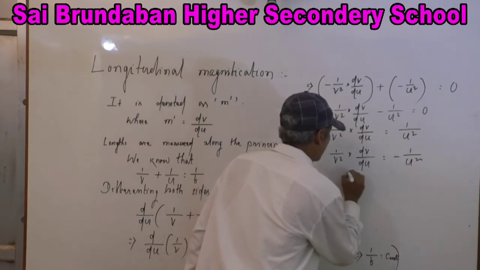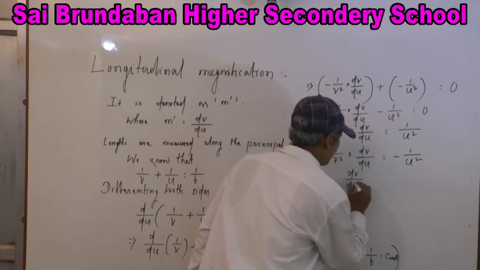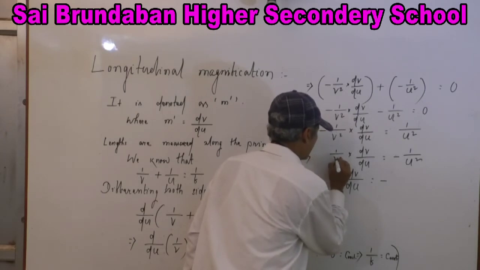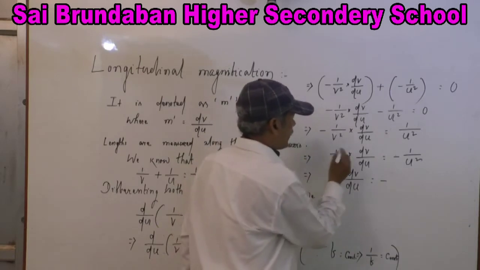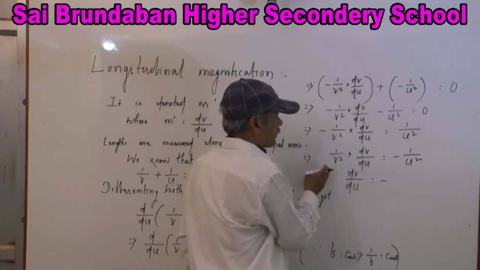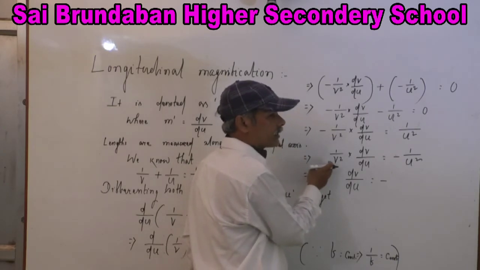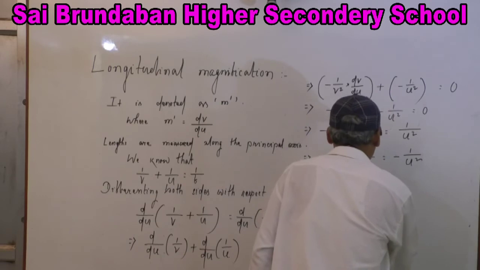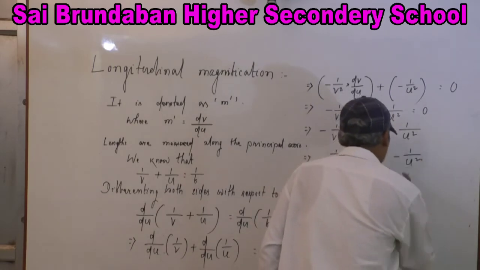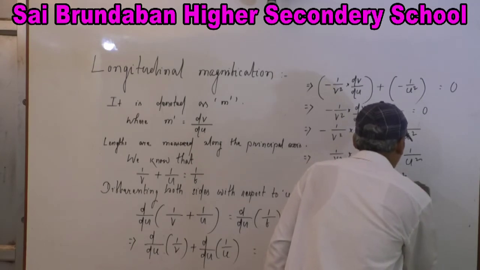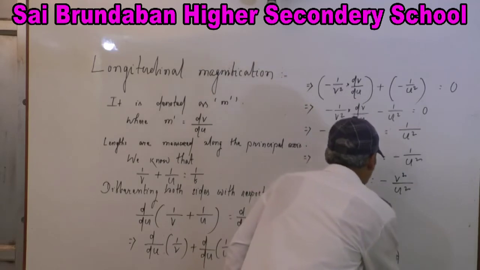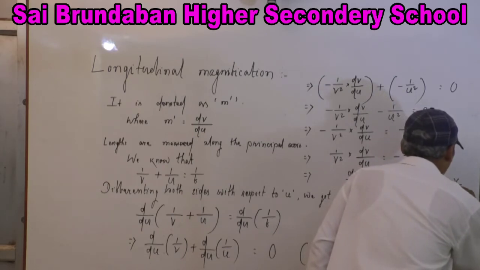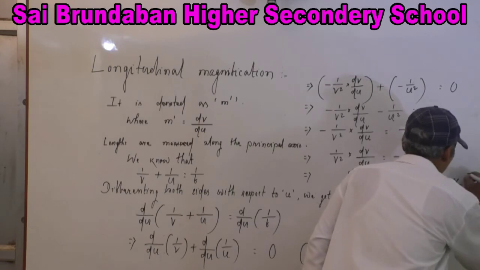Implies dv by du is equal to minus, here v square is in the denominator, so it moves to this place, minus v square by u square, is equal to minus v by u whole square.